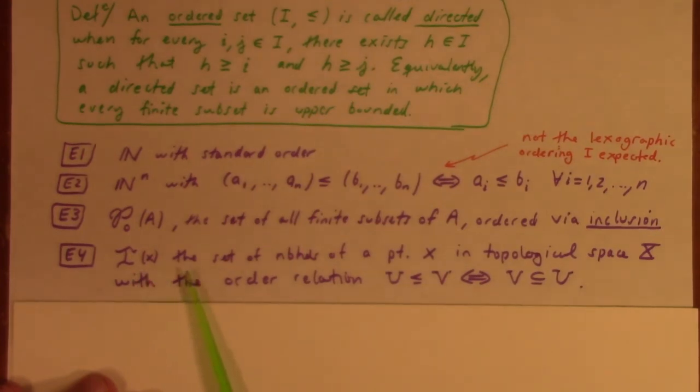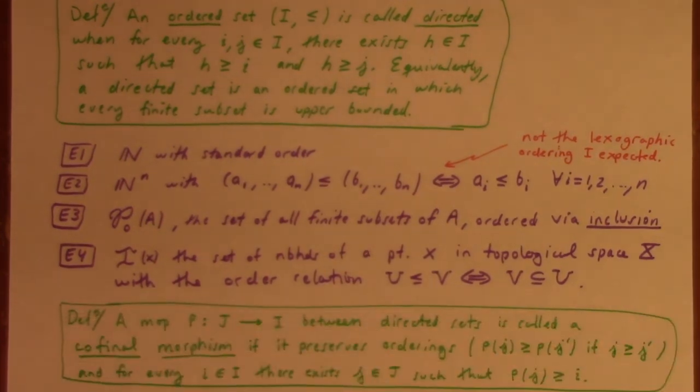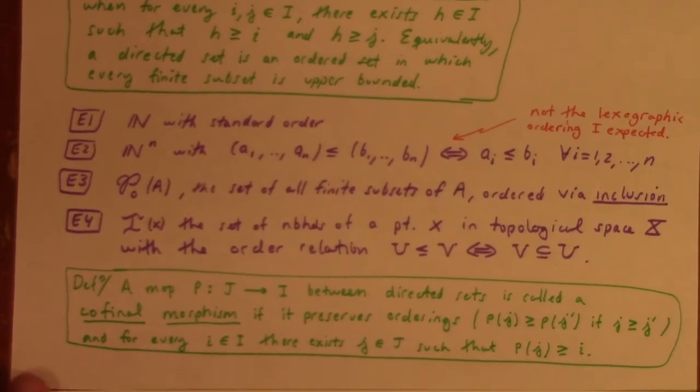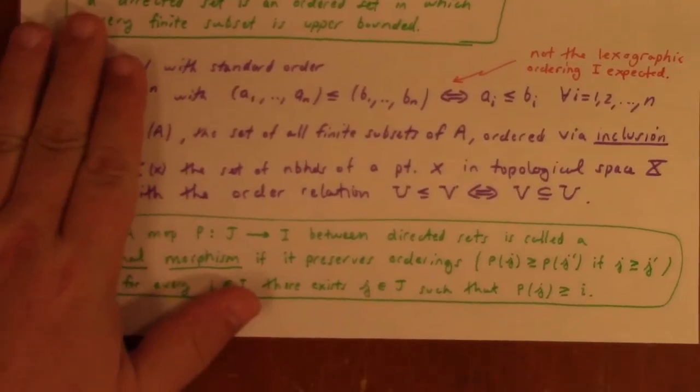You can also talk about the set of neighborhoods of a point in a topological space, and then you can give the order relation set U is less than or equal to set V if V is included inside U. Look at that switcheroo. So you've got to think about that. If you think about it for a little bit, it'll make sense to you why that would be what you'd want for the ordering of subsets like that.